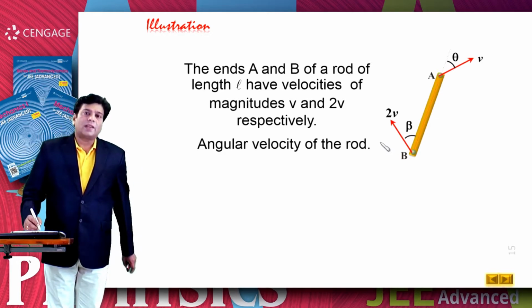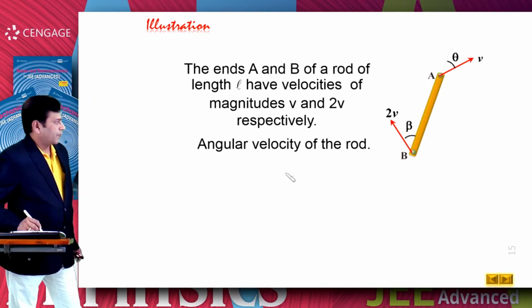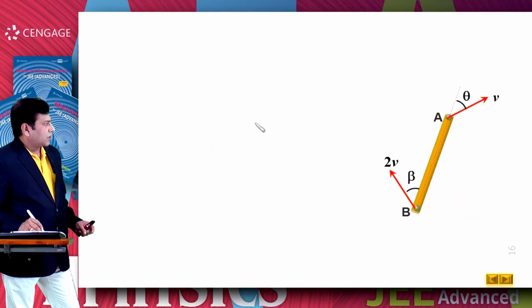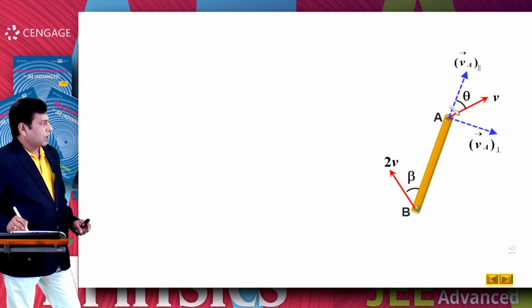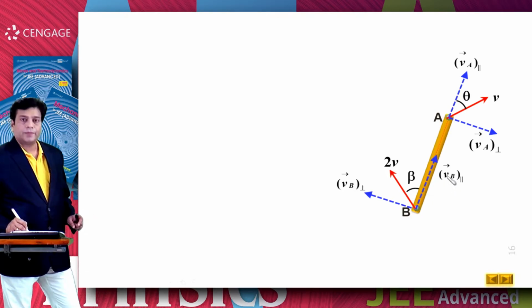So let us find the angular velocity of point A relative to point B. So let us first draw the components of the velocities, that is velocity of A parallel to the rod and perpendicular to the rod. And here also let us draw the components perpendicular and parallel.